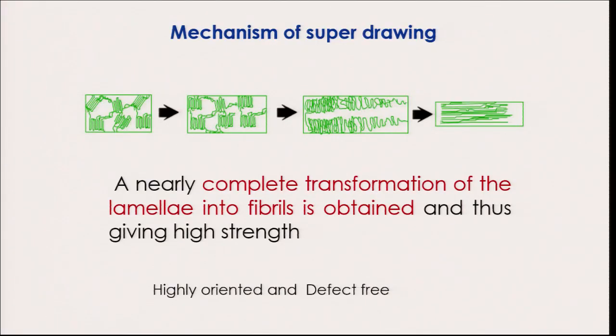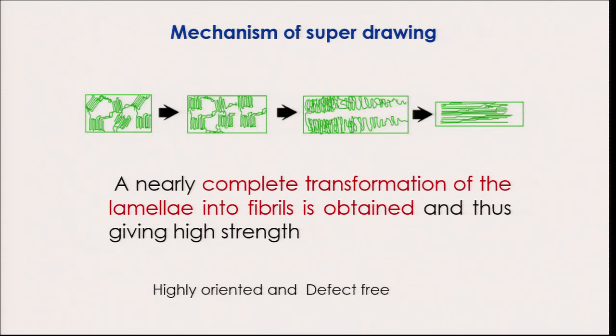Now, what kind of structure does it form? Let us look at the slide. The first part shows the gel, right. It shows the gel, that means I have the crystallites which are dispersed and connected with the minimum number of entanglements. As I draw, what happens?